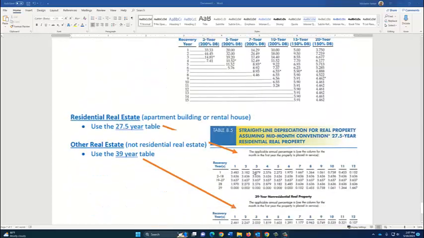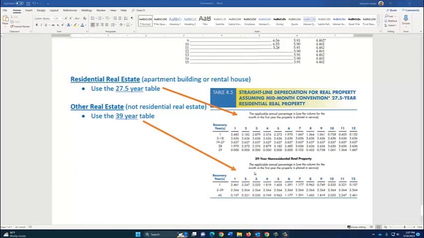For residential real estate, if you're depreciating an apartment building or a rental house, real estate that's residential, you're going to go over to the 27.5-year mid-month table, and you're going to select the month the item was placed in service, and then find the recovery year, and then multiply times that percentage.